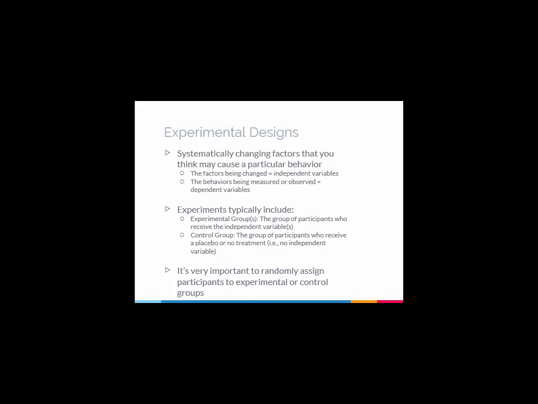Maybe I tell them, in the morning you'll have to prepare a 10-minute speech for me on the topic of geology. Then the control group would be the group that I do not stress out. When trying to study cause and effect, it's very important to randomly assign participants to either the experimental or the control group.